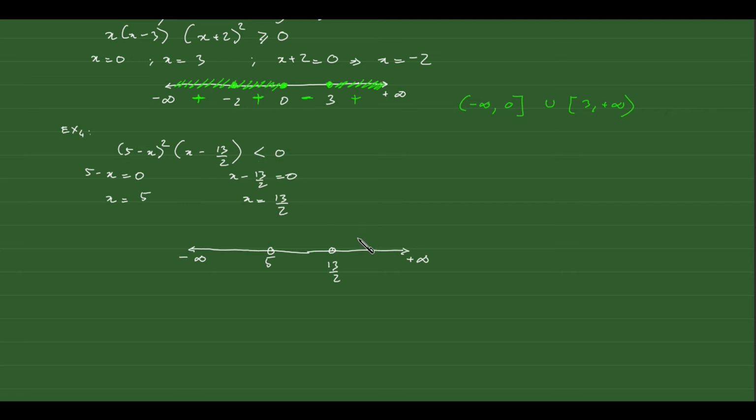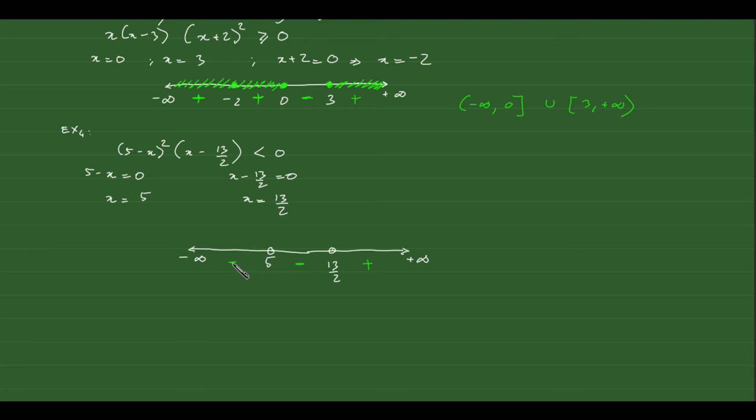Alright, so let's pick this one. I'm gonna pick 7, so it should be positive here. Right, so it must be positive here. There will be negative. I'm gonna pick 6, will be negative. And I'm gonna pick 0, which is positive, right?